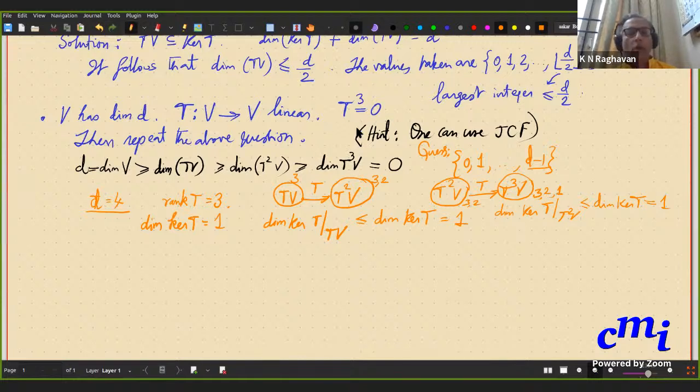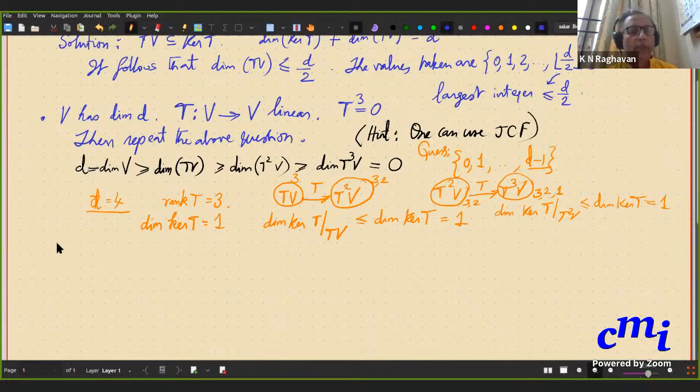So what are the possibilities? If I take an operator on a 4-dimensional vector space and it's nilpotent, right? Nilpotent means some power is 0. What are the possible Jordan canonical forms? So let me repeat that question.